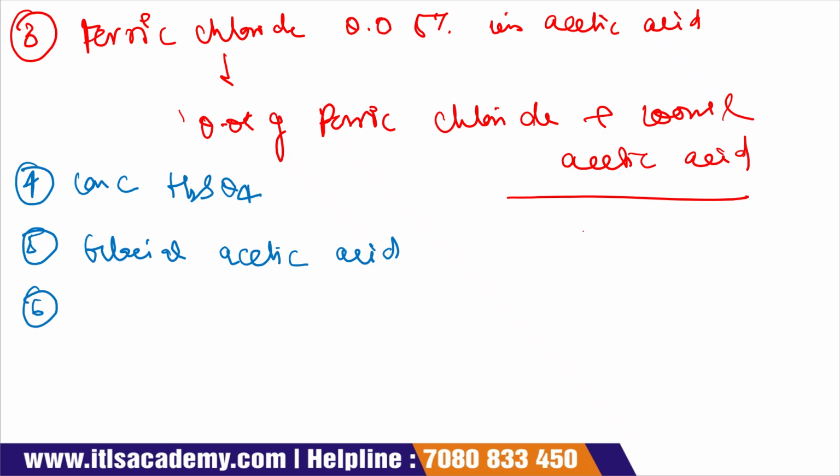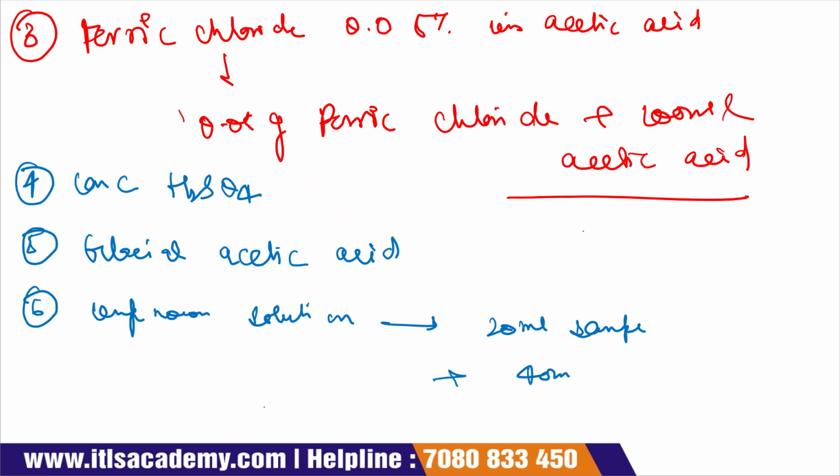And preparation of the unknown solution, like the sample. For this, you have to take 20 ml of the sample plus 40 ml of chloroform and centrifuge.